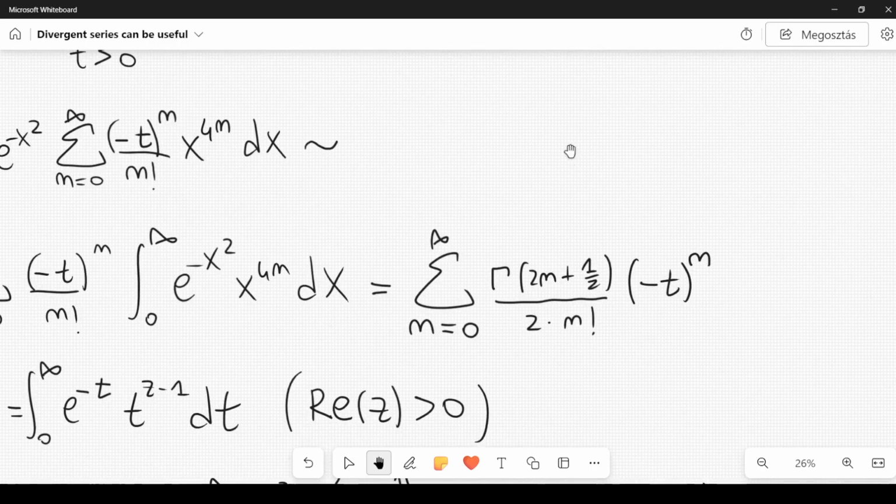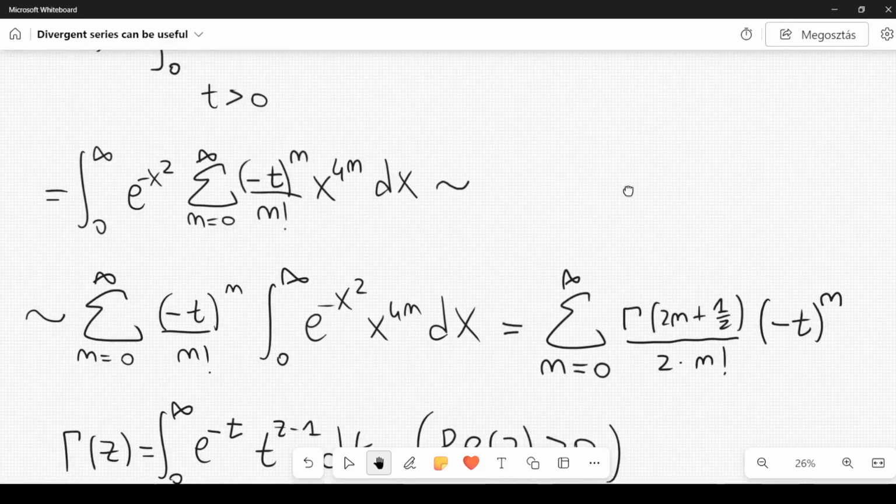It converges only if t is equal to 0. Apparently, there is nothing meaningful about what we did. But actually, this is more meaningful than it seems. And this is exactly what happens in physics, when you have divergent series and you try to make meaning out of them.